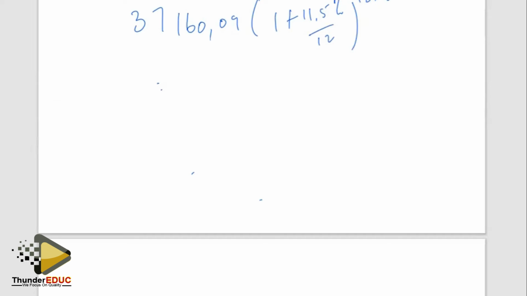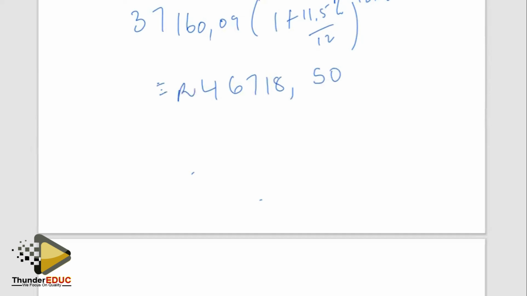All right, so if I punch that into our calculator, 11.5% over 12 to the exponent of that much, we shall have 46,718.50.